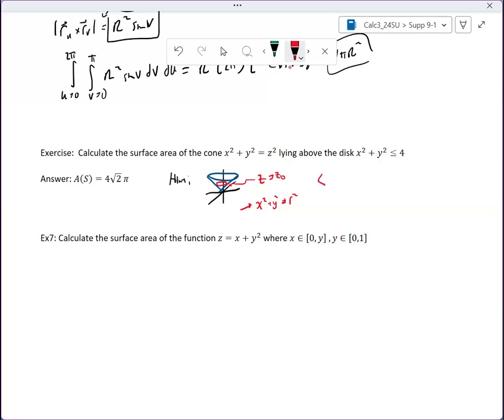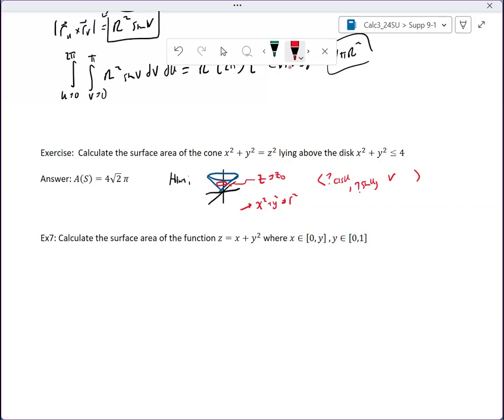So I might want to pick a parameterization like, say, let z equals v, and then x will be something cos u and y will be something sine u. And then maybe think about this a slightly different way, possibly to figure out what that radius should be. Or it might be obvious to you looking at this.